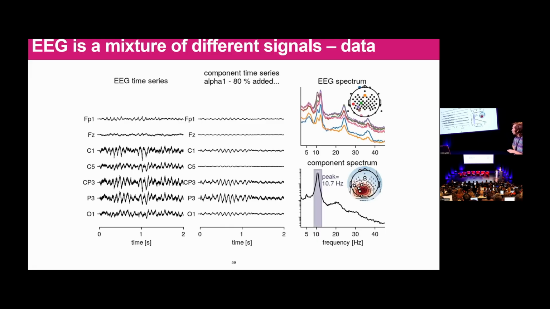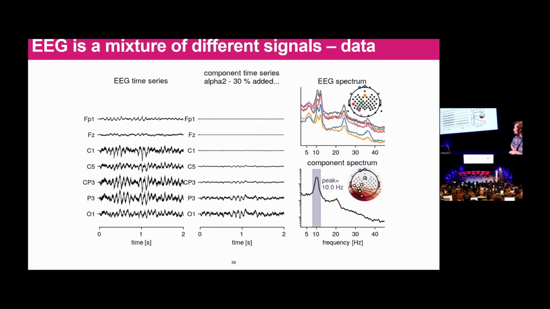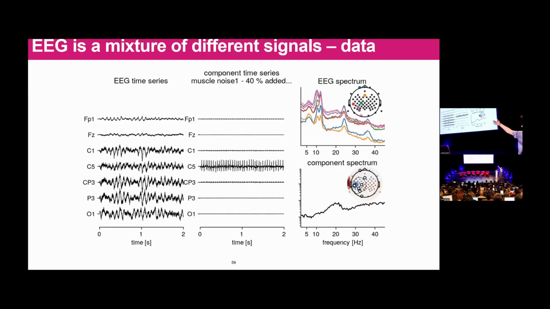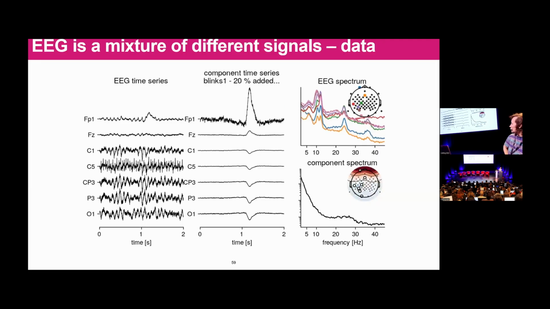You can see a complex picture arising where there's neural activity, so to say, of different frequency and different spatial extent, but there's also artifacts. Maybe the artifacts will contribute to the C5 channel more than to others.